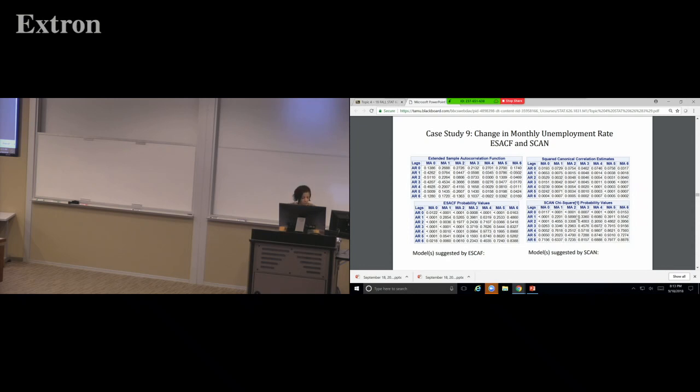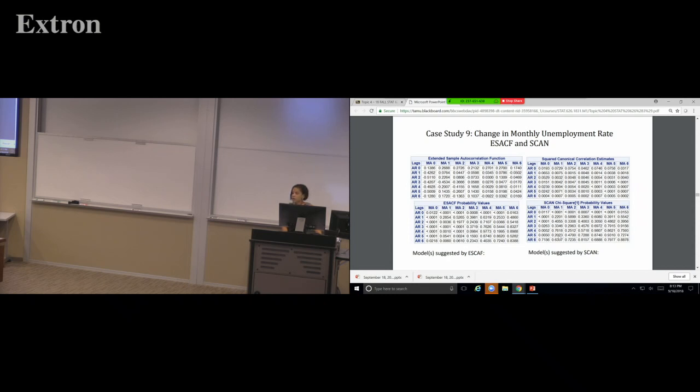And what I hope you would see is that there is a rectangle full of non-significant values that starts here at an ARMA 1, 1 with 0.2201, and it makes a full rectangle, and inside of that rectangle is full of non-significant values. So one tentative model to investigate is an ARMA 1, 1 for this unemployment rate data.